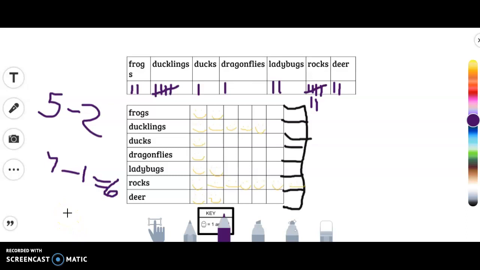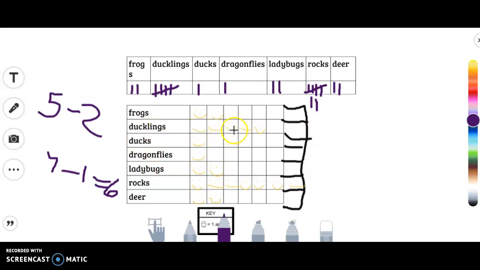Different question. How many fewer ladybugs than ducklings? This one's a little bit harder. When it says how many fewer, we know we're still going to have to minus, but it starts with the smaller number. How many fewer ladybugs are there than ducklings?